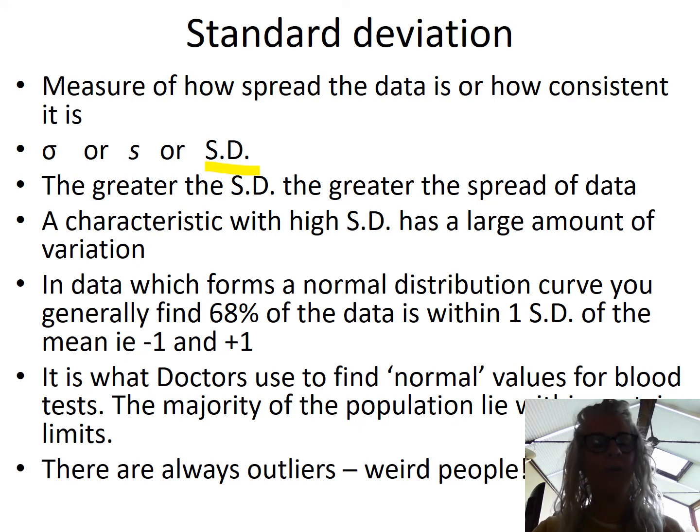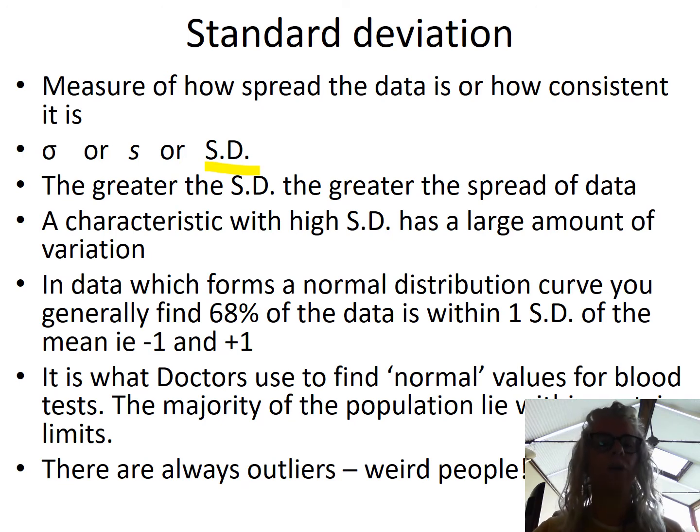Now, there are always, I've called them weird people, there are always outliers. Even if the majority fall within 99%, you are always going to have outliers. There are always going to be organisms, individuals, people, which are way greater, way lower. It doesn't mean that it's not normal for them.